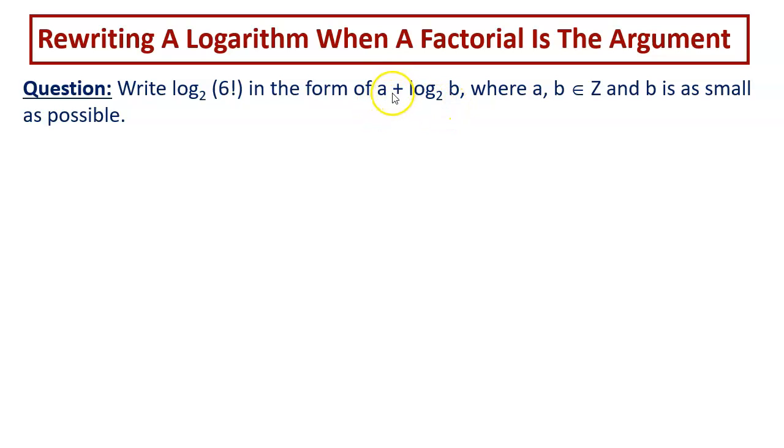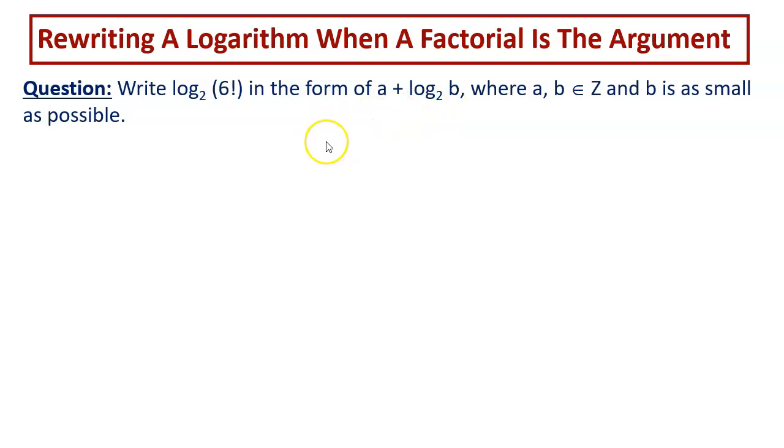That's why we can understand that this a was 2 to the power of a. If you have log of 2 to the power of a to the base 2, then the a will be coming down and log of 2 to the base 2 will be equal to 1. So you will be having just this number a as the first term, and the second term will be log of b to the base 2. This much we have understood.